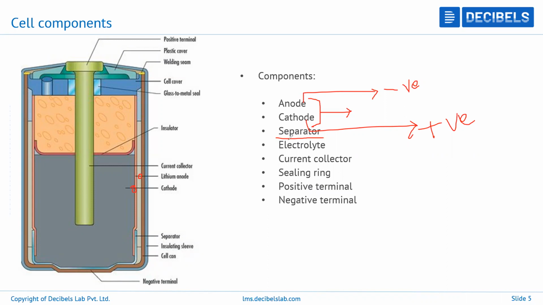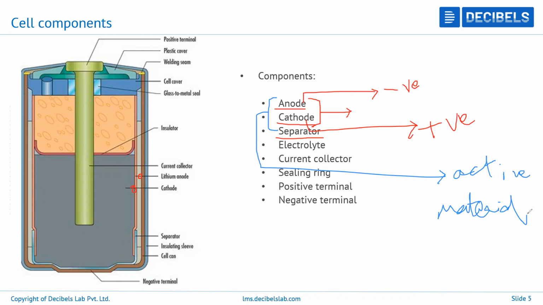Each of these components, anode and cathode, are specifically made out of something called active material. So what exactly is an active material?